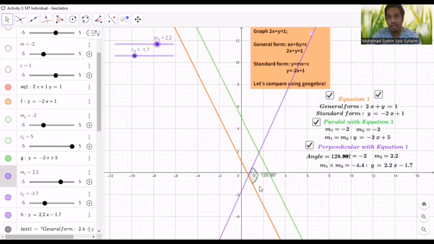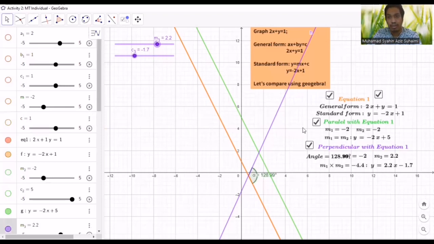Okay. So M is now -2, right? M is -2. So if you want to get -1 over here, it's not -1 now. So we need M1 times M2 equal to -1 using the formula we learned before.